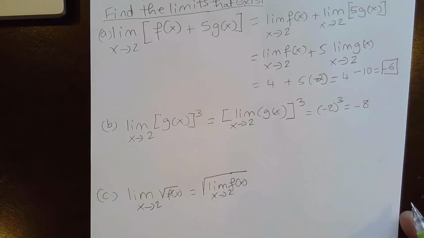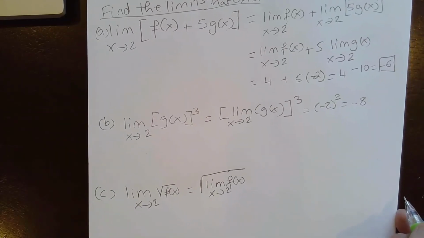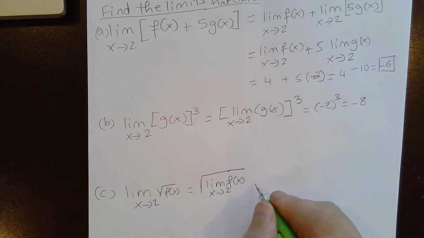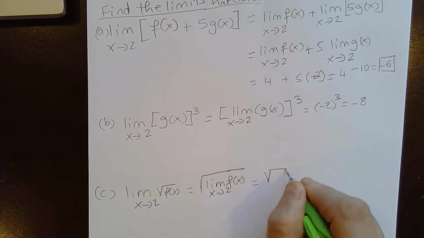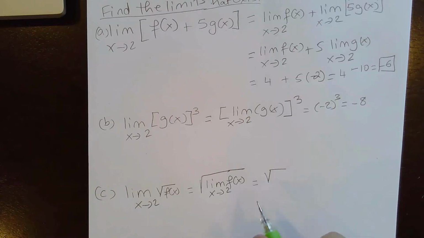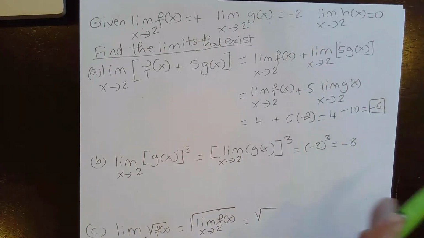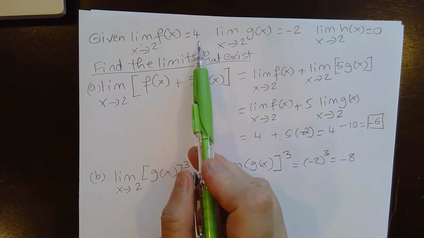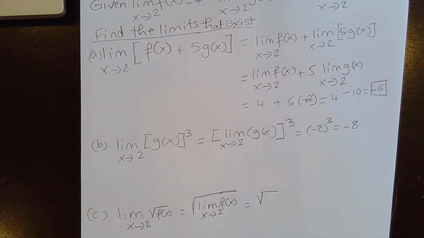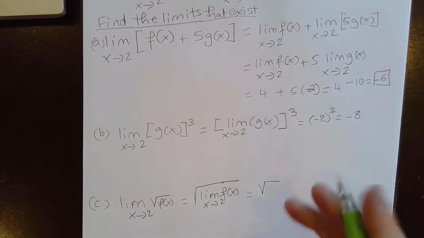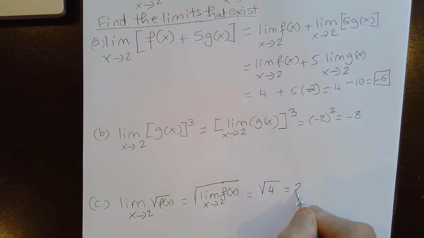This is one of the limit laws, the root law, and that is equal to the square root of the limit of f of x as x approaches 2, that was given to us, which is equal to 4 here. So that's the square root of 4. Square root of 4 is equal to 2.